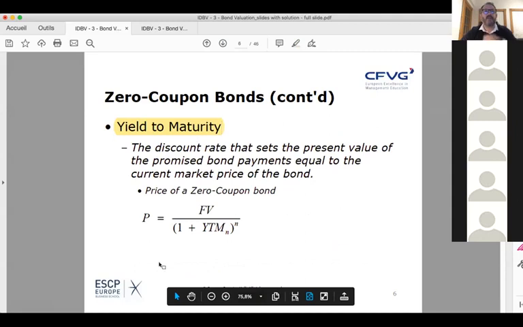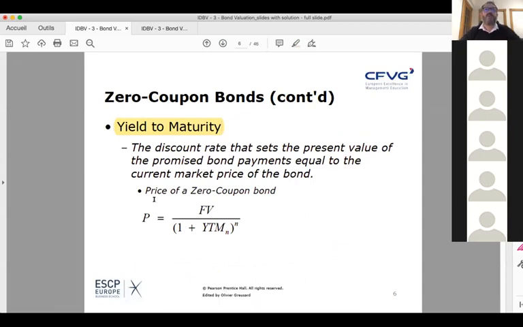We calculated it, but just to recall and to link that with the little example you had to prepare. The yield to maturity can be found by saying that the price is equal to face value divided by 1 plus the rate, exponent the number of years.